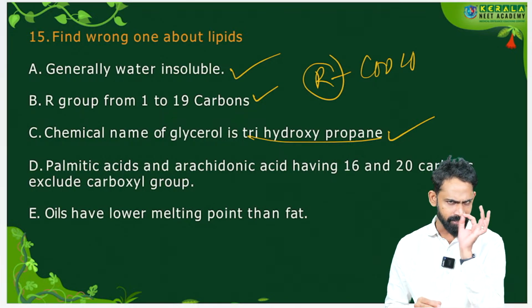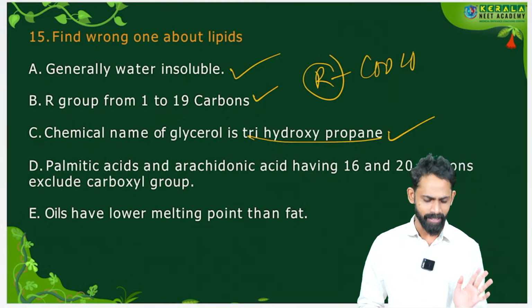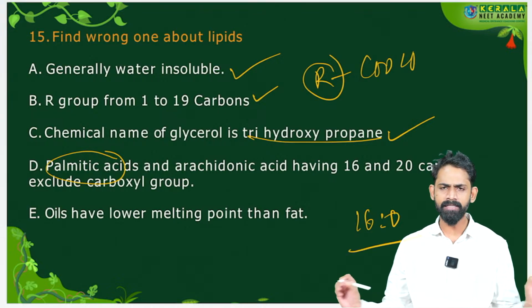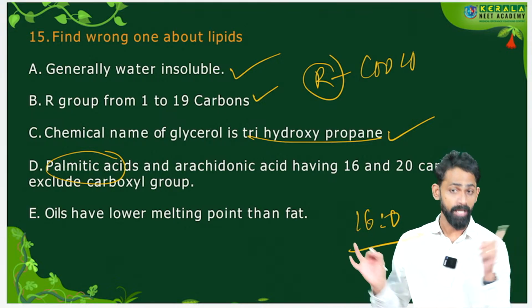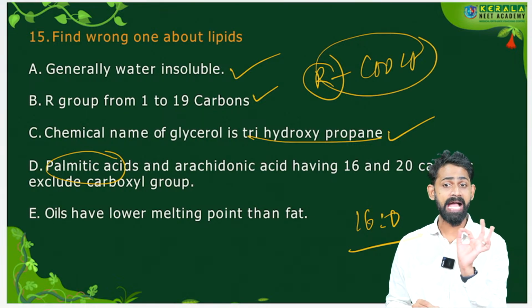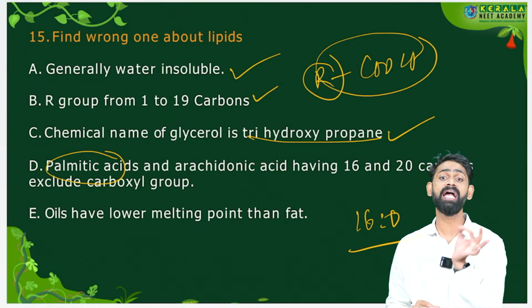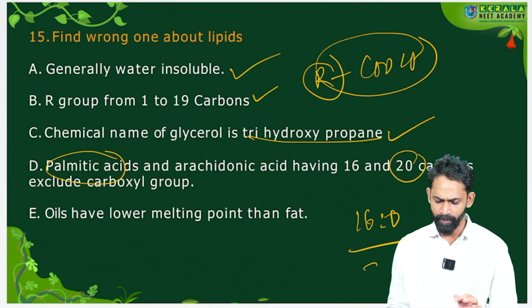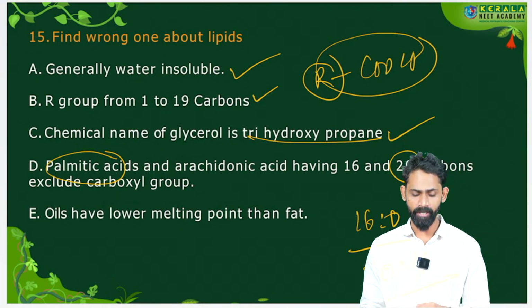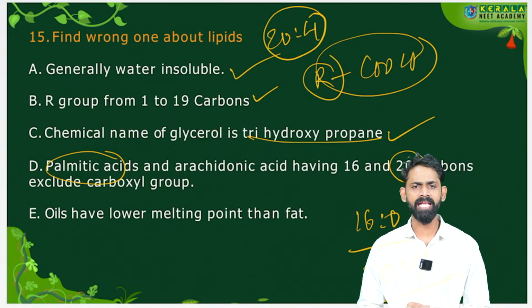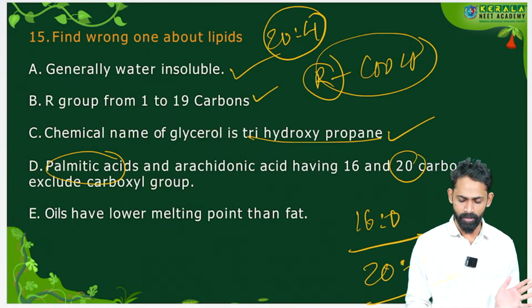Palmitic acid: in our syllabus only two fatty acids are given. Palmitic acid is 16:0, meaning 16 carbon atoms including the carboxyl group. Arachidonic acid contains 20 carbons, 20:4, a polyunsaturated fatty acid.